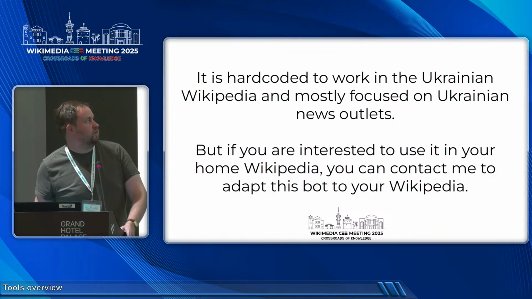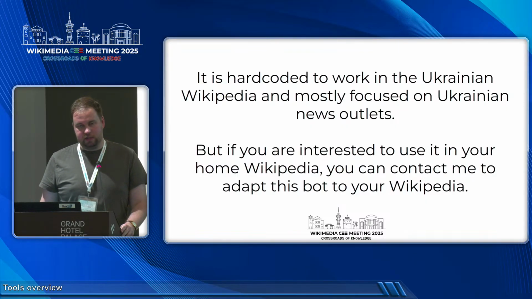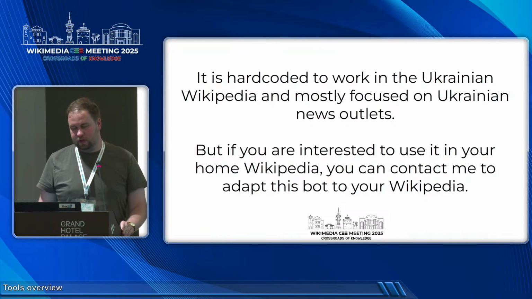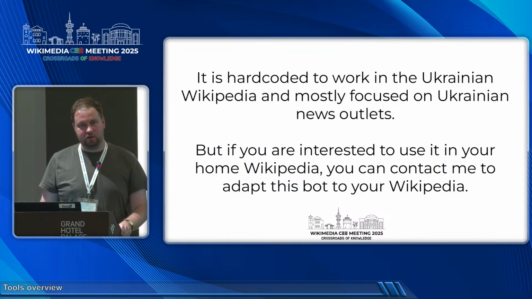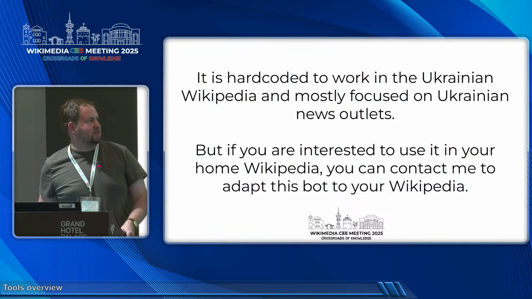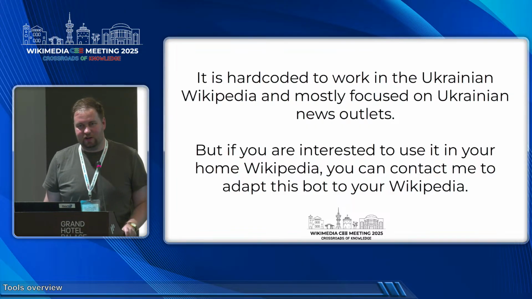Yeah, it's hard-coded for Ukrainian Wikipedia now, and it's more focused on Ukrainian media outlets. Of course, some foreign, some international outlets are included, but they are mostly Ukrainian, but we can add more if you need. So if you're interested, you can contact me and we start working to adapt it to your Wikipedia.